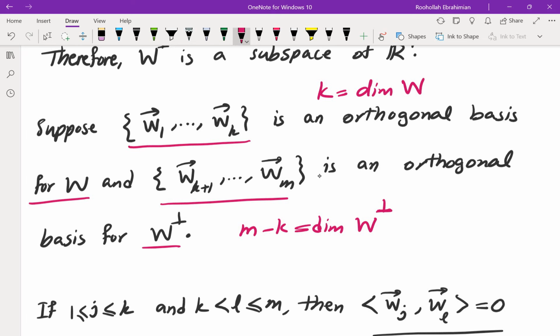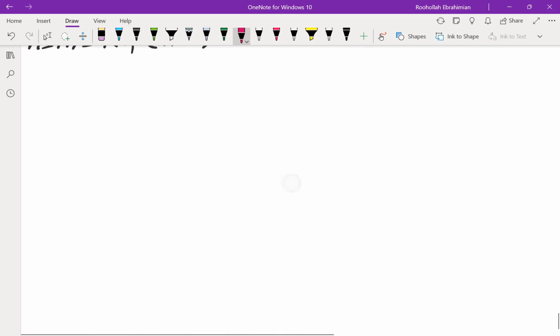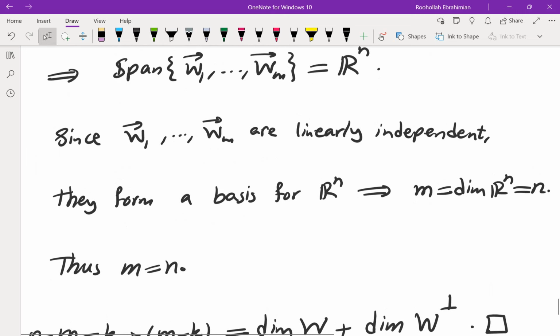In order to prove that the dimensions of W and W perp add up to n, I had to show m is equal to n, and that's exactly what we did. This really uses the idea of the Gram-Schmidt process, which heavily lies on the fact that if you take a vector and subtract projections onto orthogonal vectors, you get another new orthogonal vector.